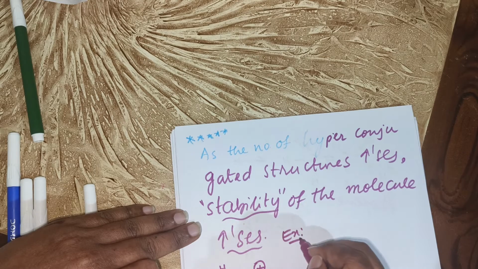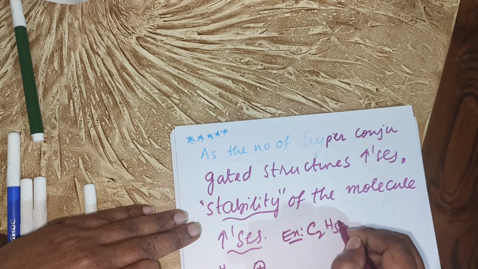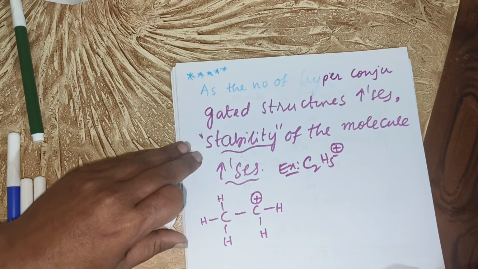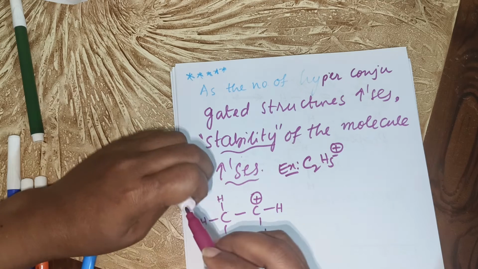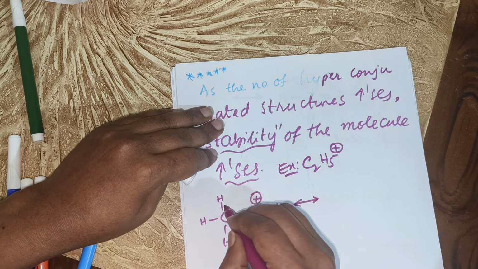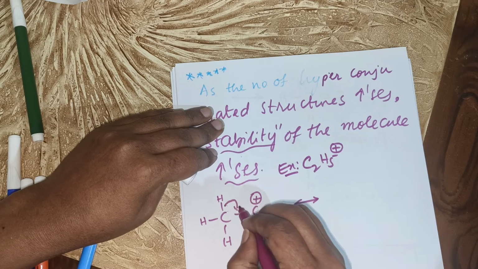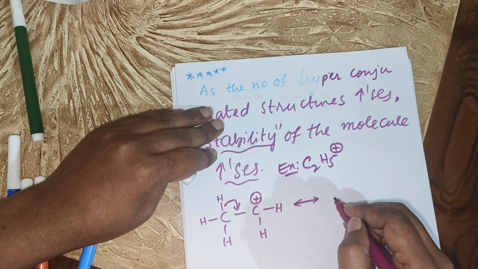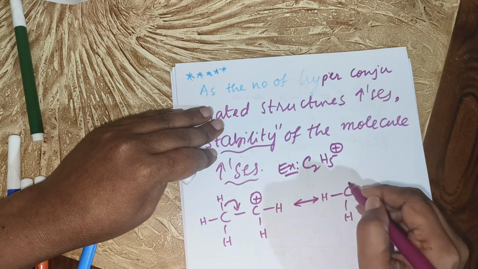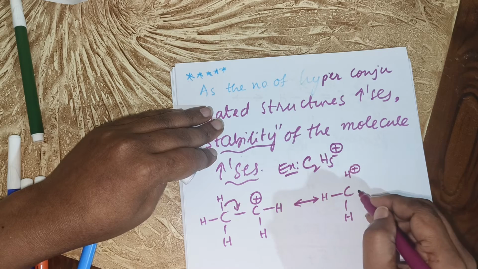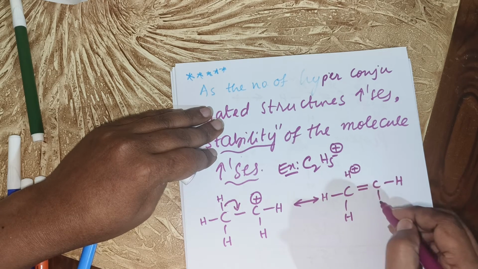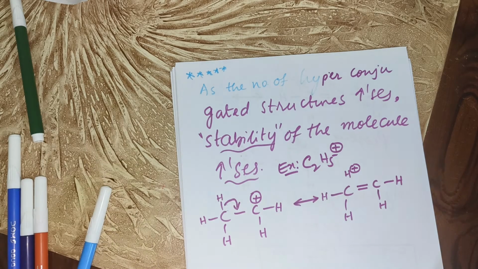This is the example I am taking here, the ethyl carbocation. Now when you observe, the bond is shifted here, and it can be written as C H H and H plus, with a double bond.